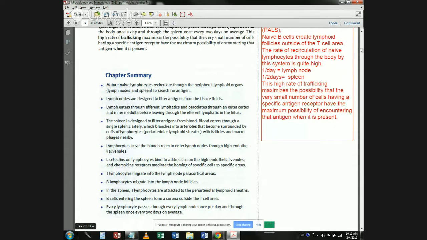Right? Every lymphocyte passes through every lymph node once per day and through the spleen once every 2 days. So probably need to make that per 2 days. Okay. All right. That covers that.